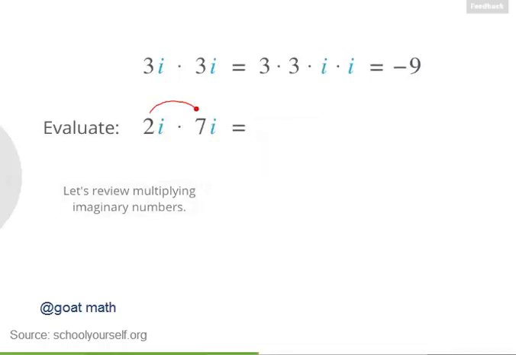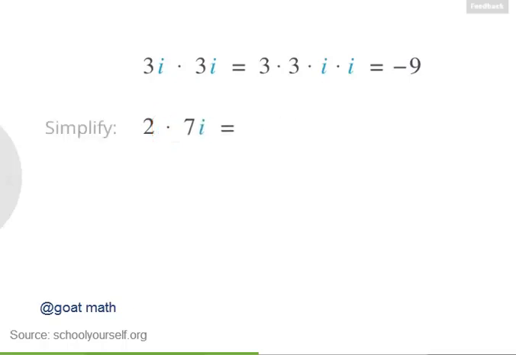Right, 2 times 7 is 14, and the i's here make this product negative 14. Now, what if we didn't have this i over here so that we have just 2 times 7i? Can you simplify this expression now? Right, 2 times 7 is 14, and we have an i, so this product is 14i.